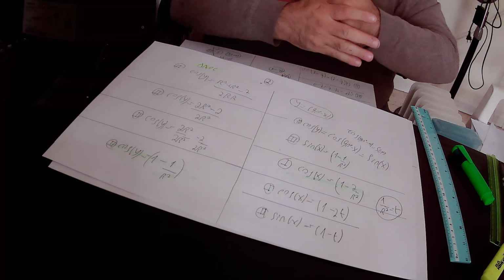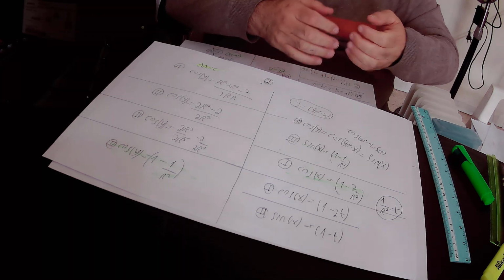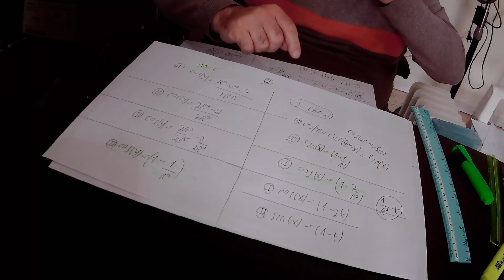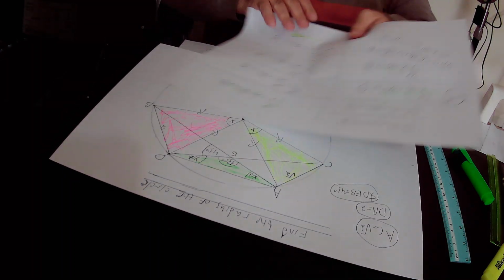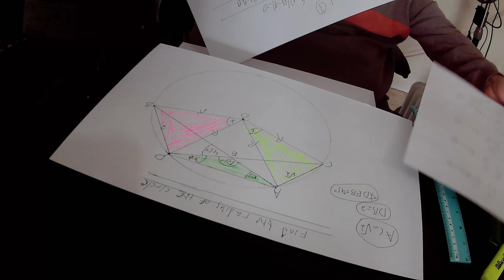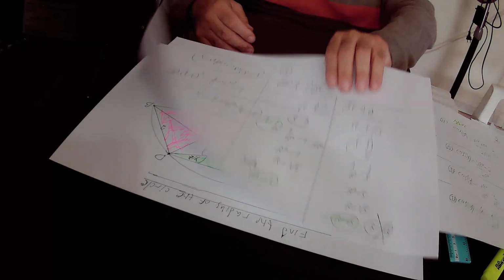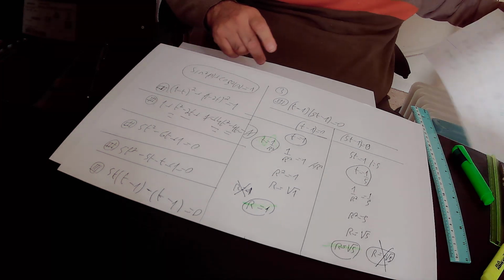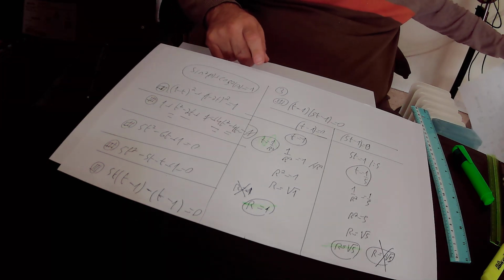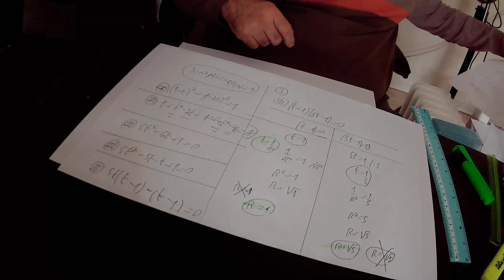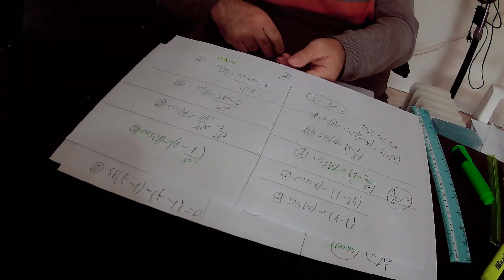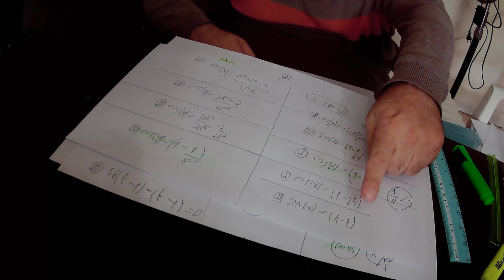Okay, so we have here two equations for the expression of sine x and cosine x. Then we used the trigonometric identity that sine squared theta plus cosine squared theta equals 1. So here sine x equals 1 minus t.